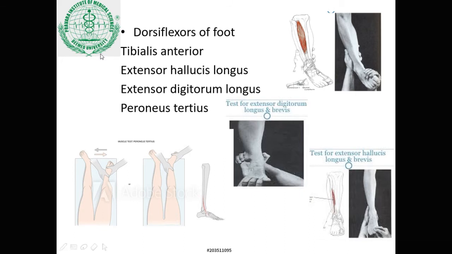Now for testing the extensor hallucis longus individually, ask the patient to dorsiflex the great toe. Now for the extensor digitorum longus, the lateral four toes can be tested for dorsiflexion against resistance.